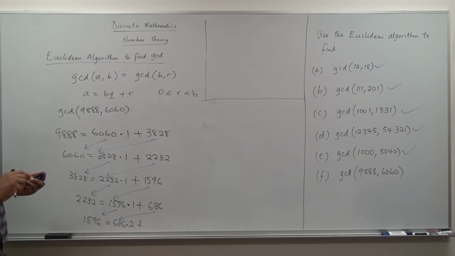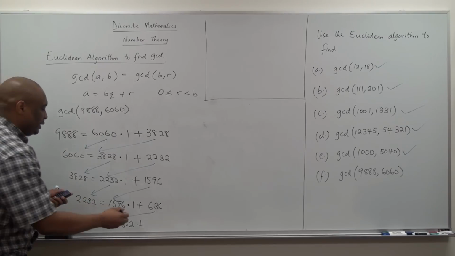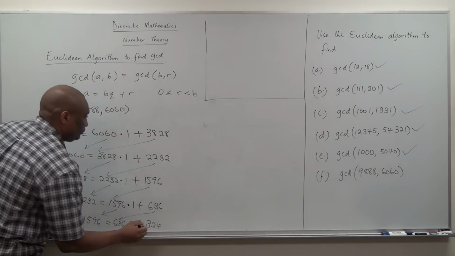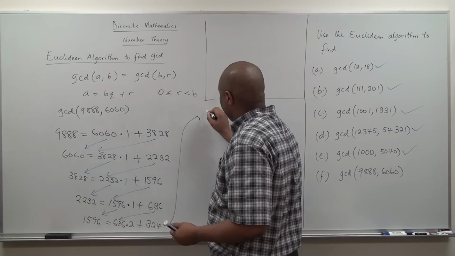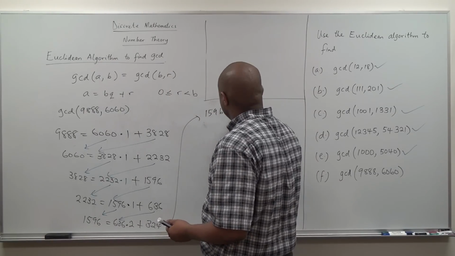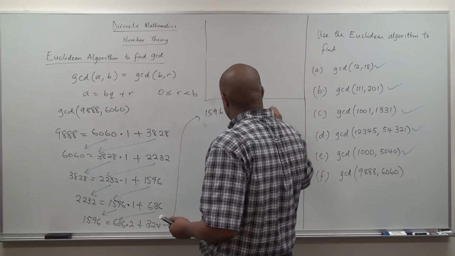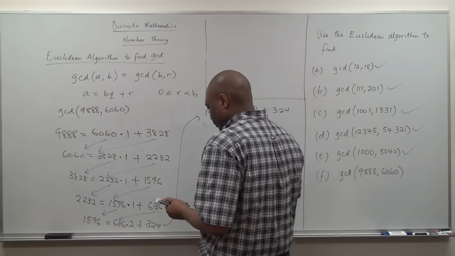Now 636 times 2 gives you 1272, and you subtract it from 1596 to get 324. So 1596 is equal to 636 times 2 plus 324.